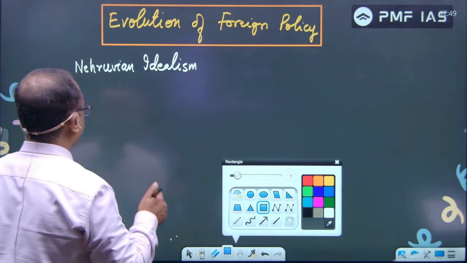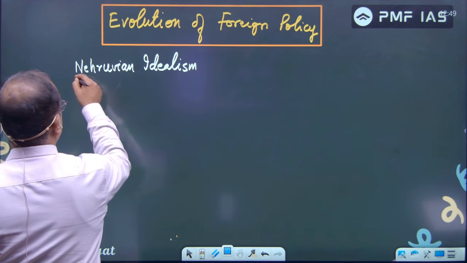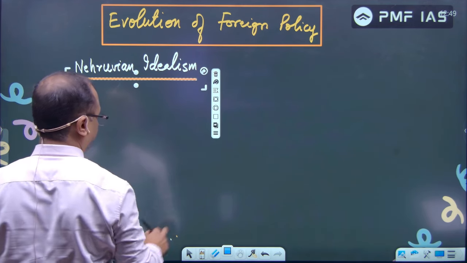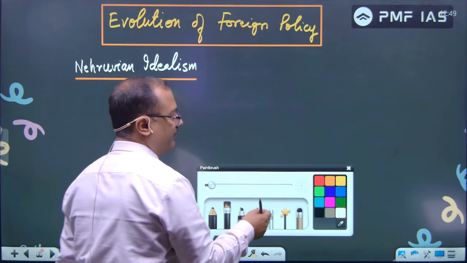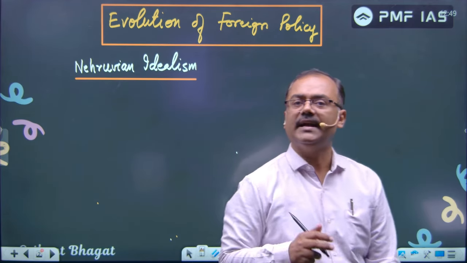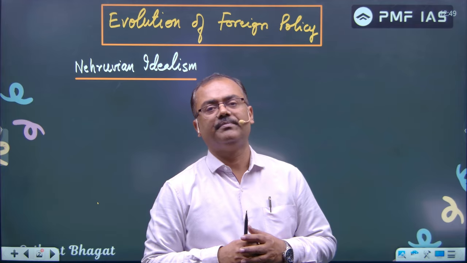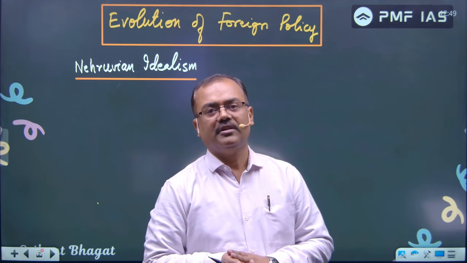So first is Nehruvian idealism. So it is the era of Nehruvian idealism. Now, first thing I see, Nehru was an idealist person. As far as public foreign policy is concerned, he was an idealist person. What is idealism?